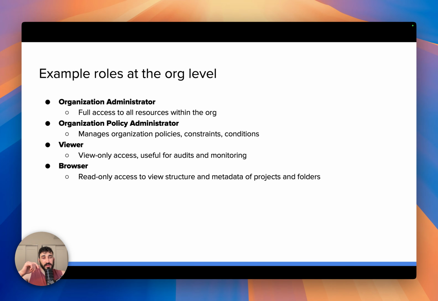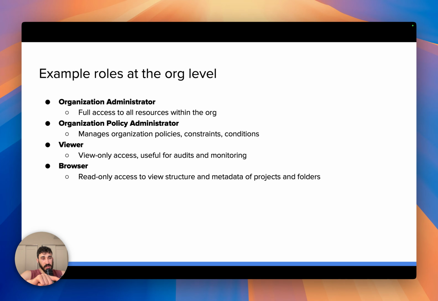They can be given the viewer role, which gives them view-only access to the organization. It's useful for audits and monitoring. And then there's the browser role, which is kind of similar to the viewer role, but it's read-only access to the structure and the metadata of the projects and folders. So you are able to view even less data about the organization than if you had the viewer role.